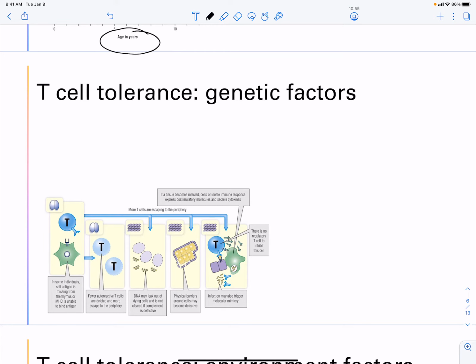And so we have some rare genetic diseases such as autoimmune polyendocrinopathy, candidiasis, so that's the yeast Candida, ectodermal dysplasia.